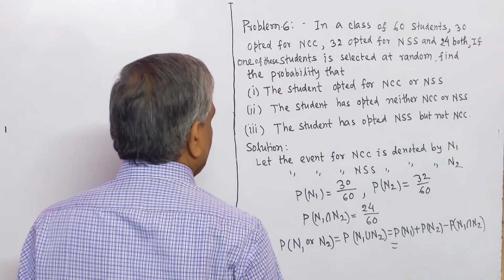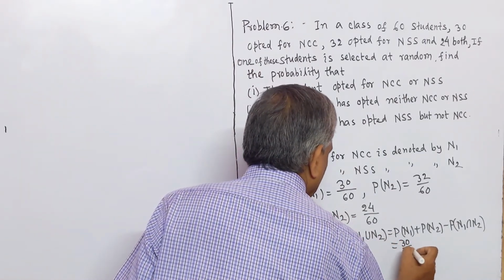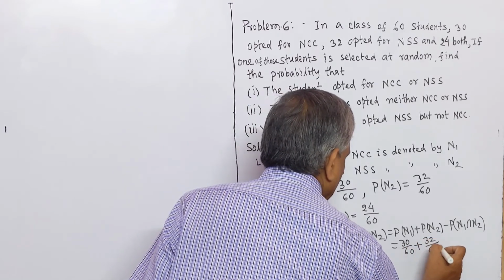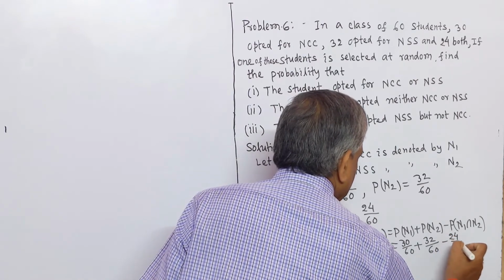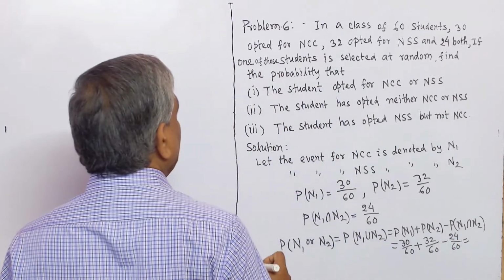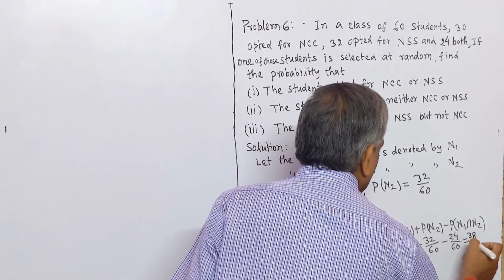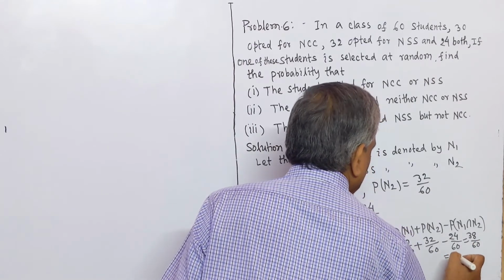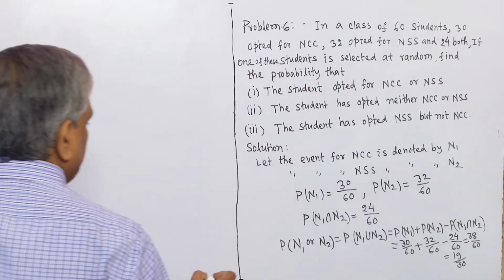P(N1) is 30 by 60, P(N2) is 32 by 60, and the intersection is 24 by 60, and this equals 38 by 60, which equals 19 by 30. This is number 1.